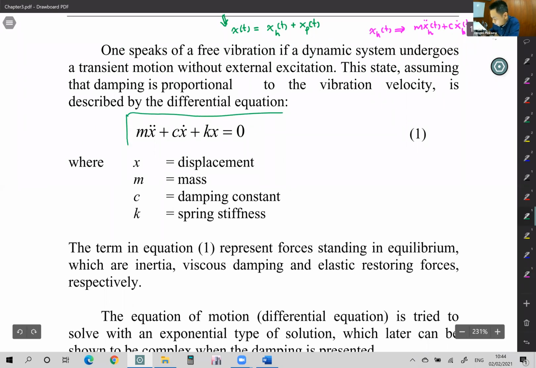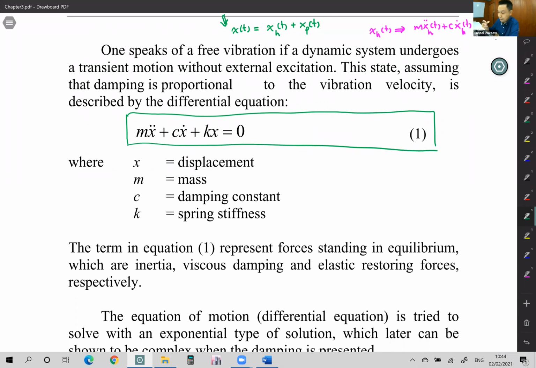In the case of free vibration, sometimes we apply initial conditions. For example, if I knock on the top of the building with some impact loading and remove the force, it starts with an initial velocity, and that makes your building move freely without any external force, but the energy comes from the initial velocity you input.